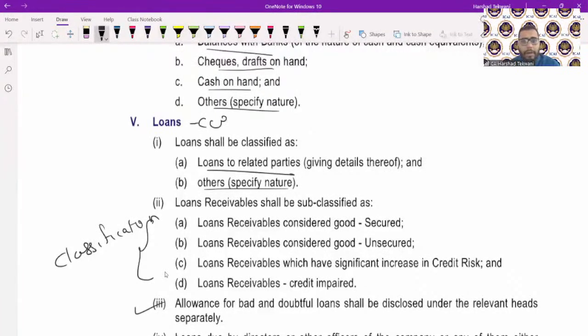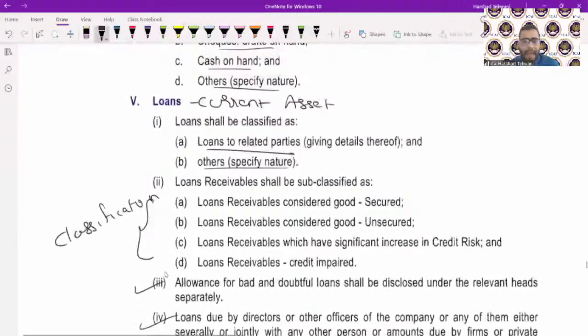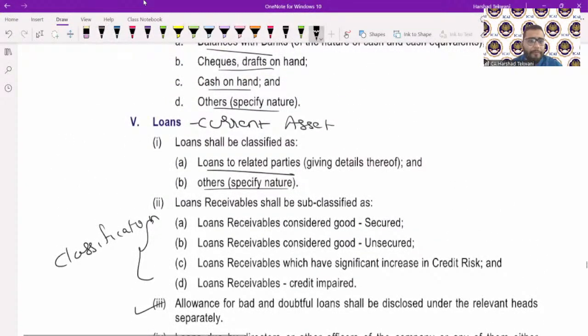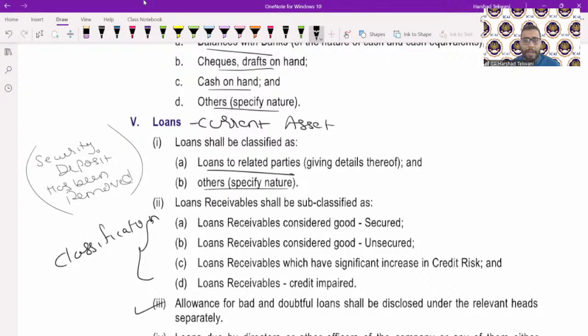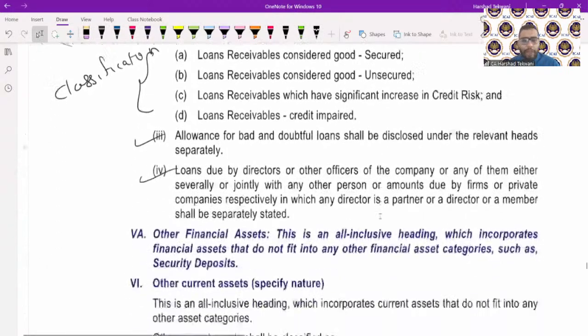In case of current asset, there is no change, except that security deposit has been removed from here. Except for that, there is no change. I hope I'm clear.